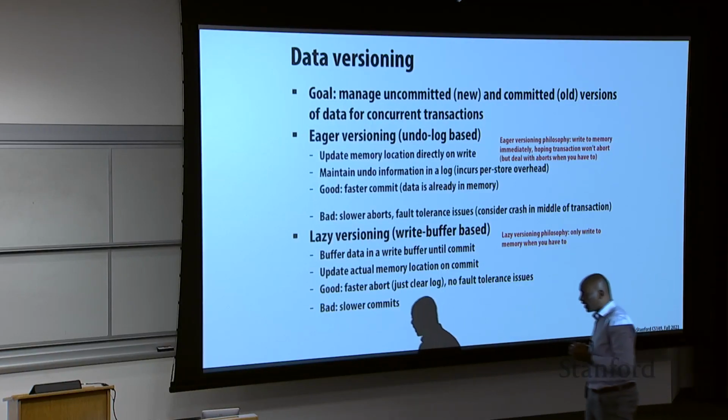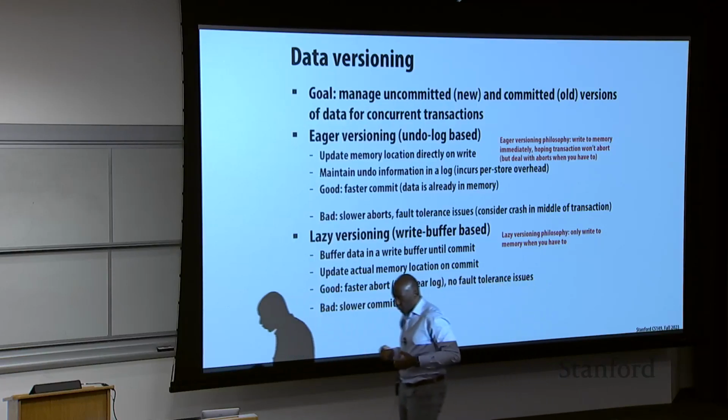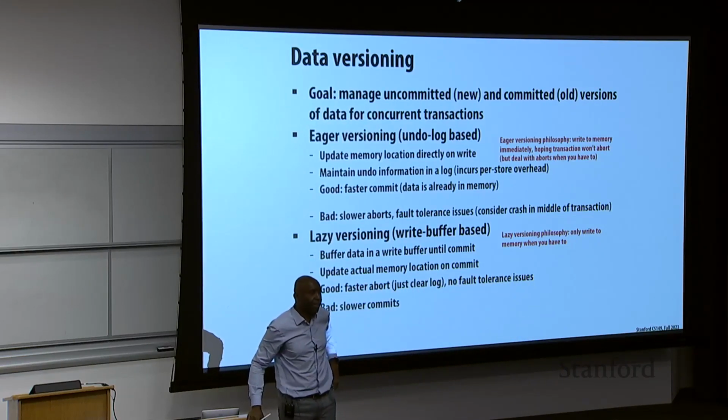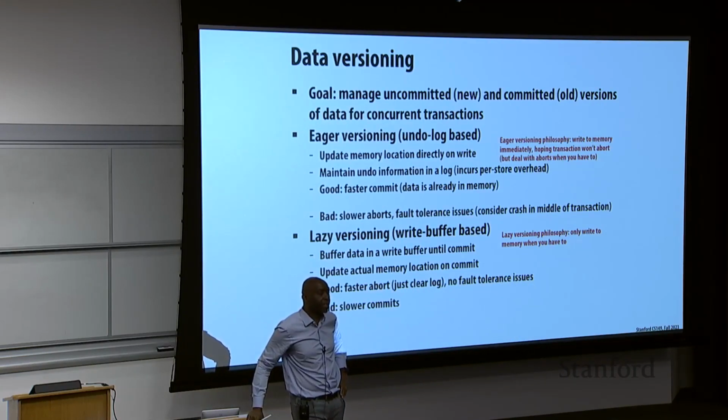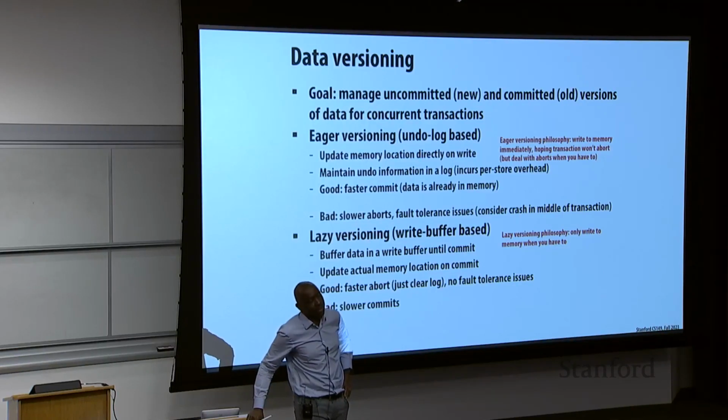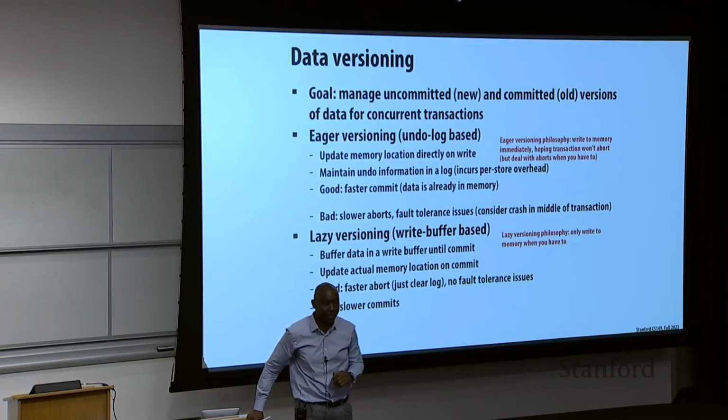The key elements of deciding which data versioning scheme to use have to do with the combination of how you do conflict detection and how you do versioning. They essentially go together. Once we talk about conflict detection, we can come back and revisit your question if it's not clear.